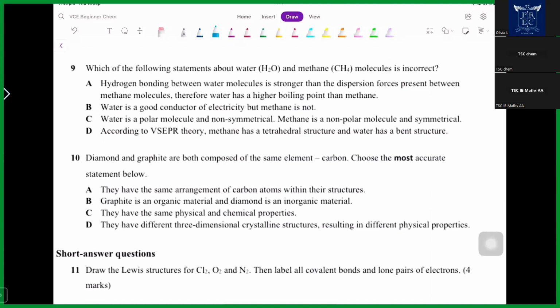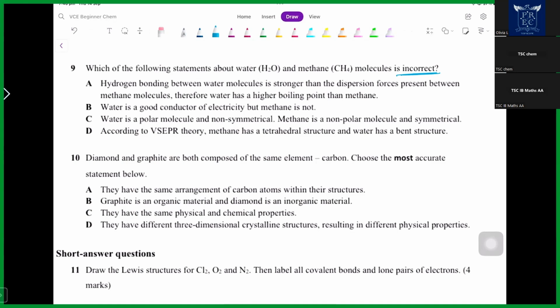Number 9. Between water and methane. A is correct. It's looking for the incorrect one.